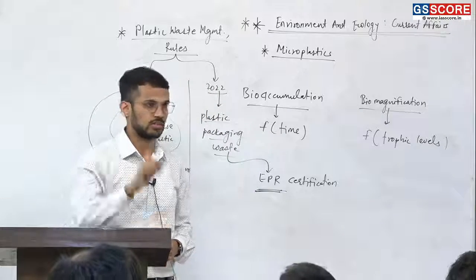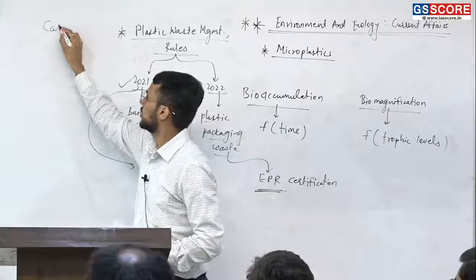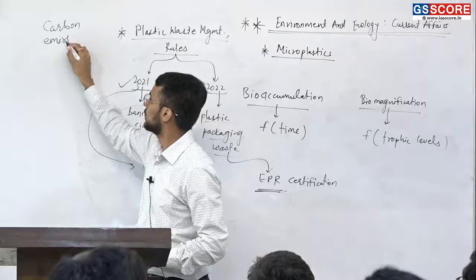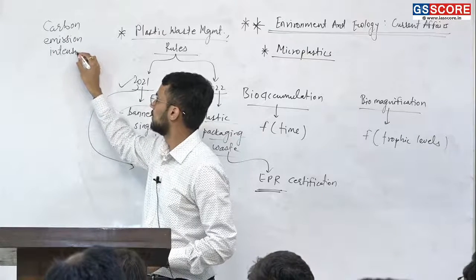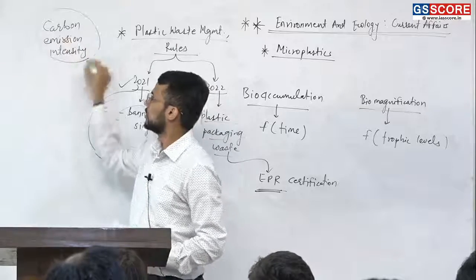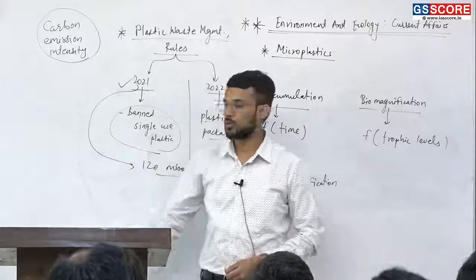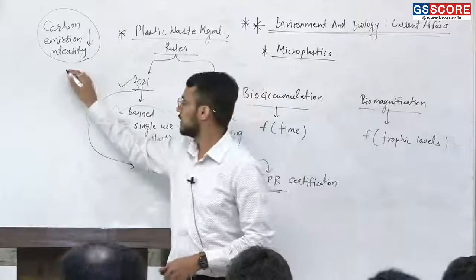what? Carbon emission intensity. Now, one point I want to highlight here: in order to reduce carbon emission intensity, one organization will be playing an important role. Can you please tell me? In India, one important organization will help us reduce carbon emission intensity.